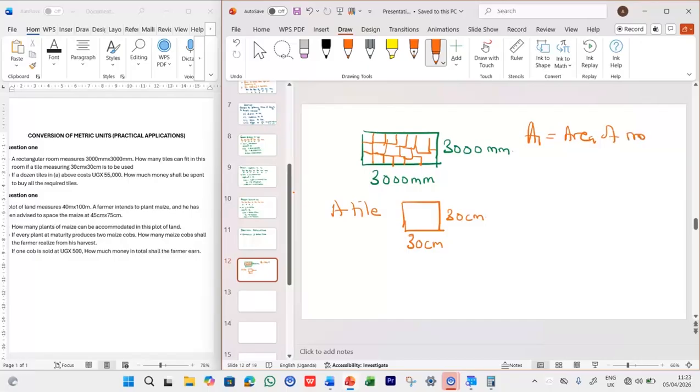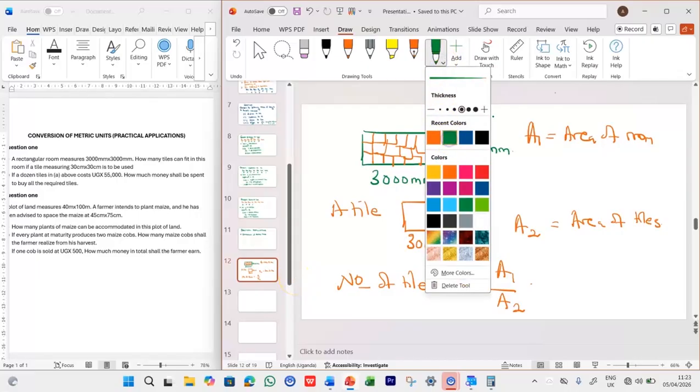A1 is the area of the room, and A2 is the area of the tiles. So the number of tiles will be area 1 divided by area 2. But you need to note something.